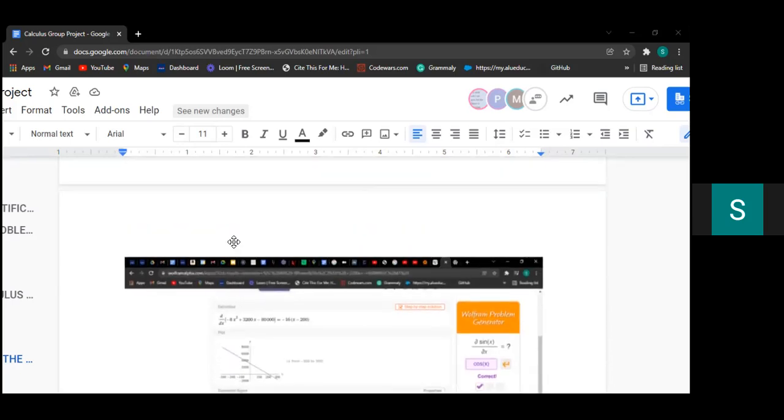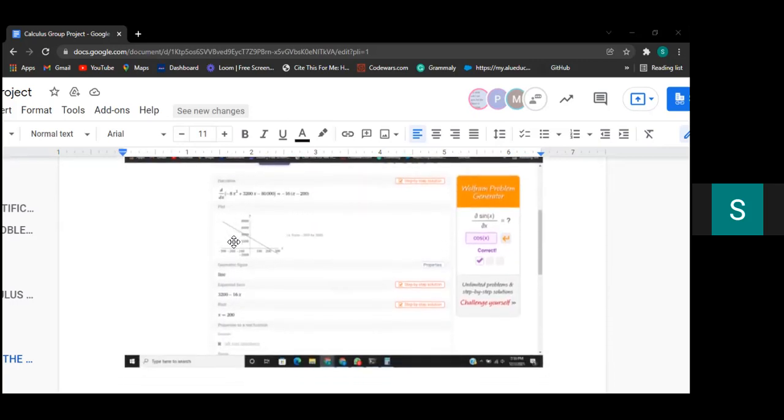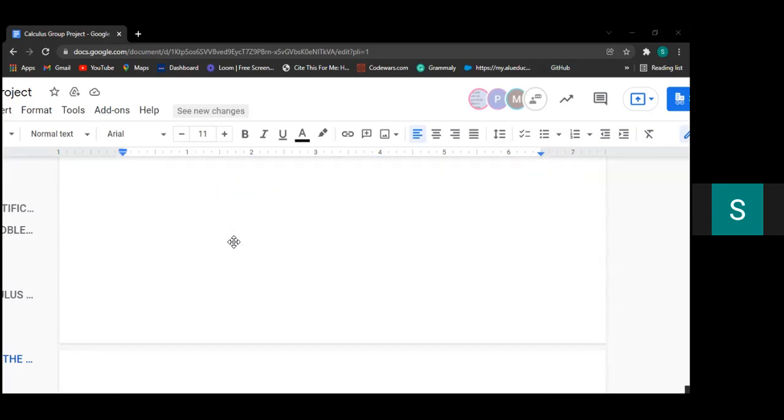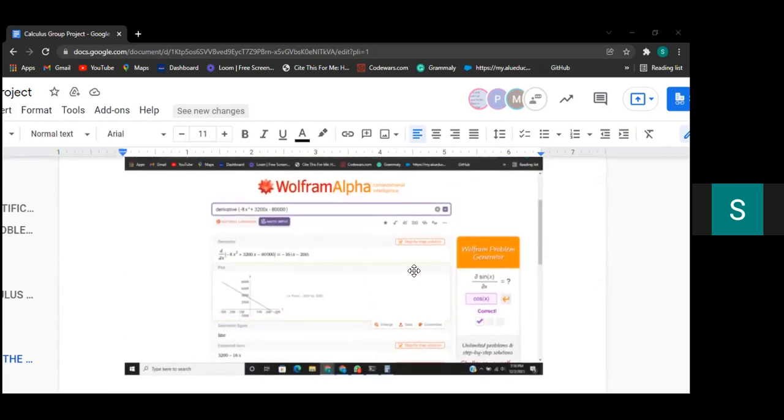Since 200 is within our range, that is between 0 and 250, it shows that the client can rent out 200 apartments to get the maximum profit for her business. The steps are included here.